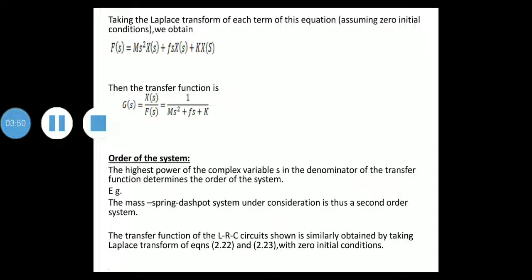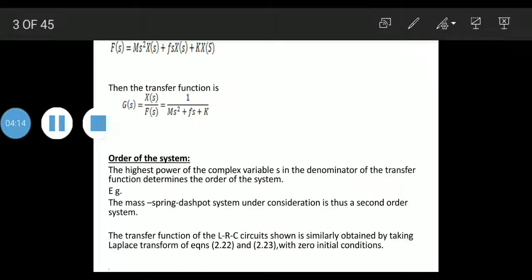How to find the order of the system: whatever is the highest power of the complex variable s in the denominator of the transfer function determines the order of the system. For example, the mass spring dashpot system under consideration is thus a second order system.